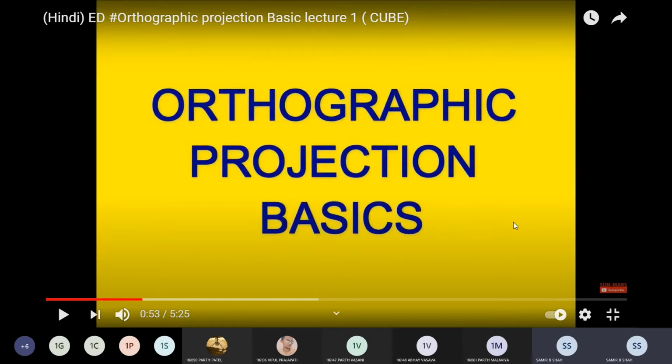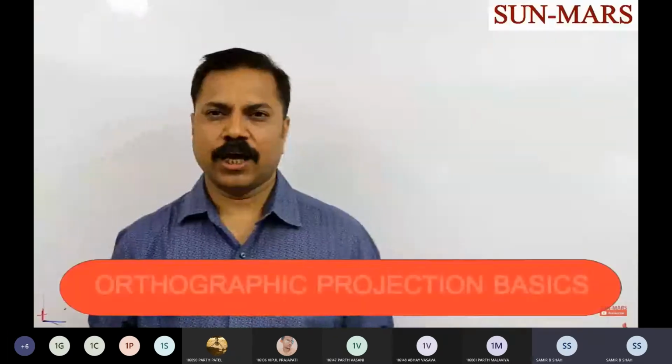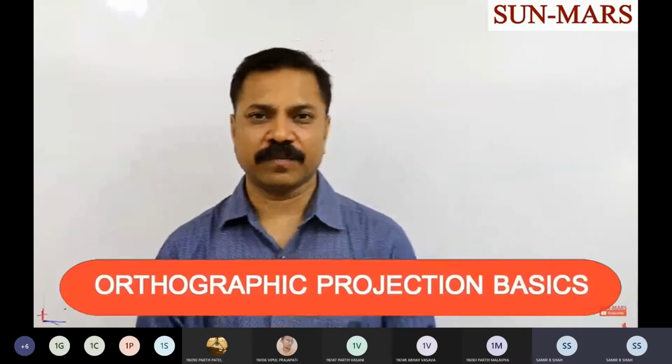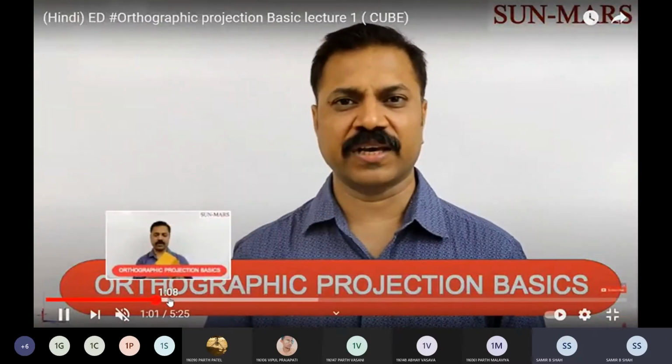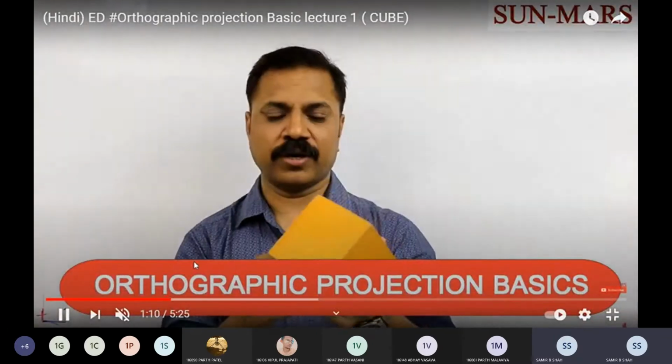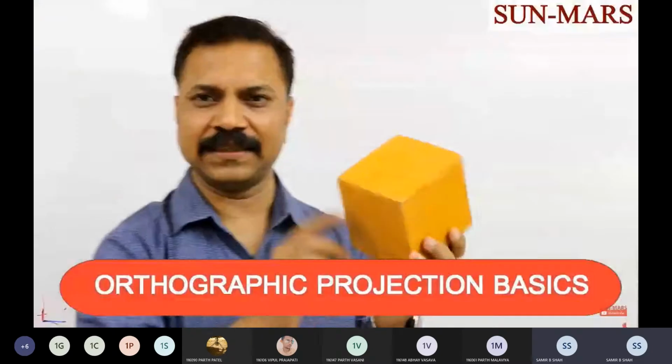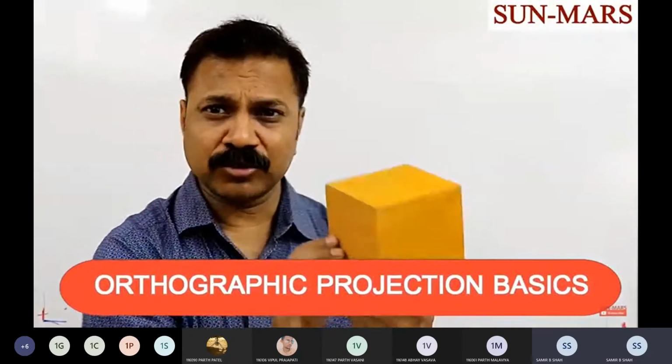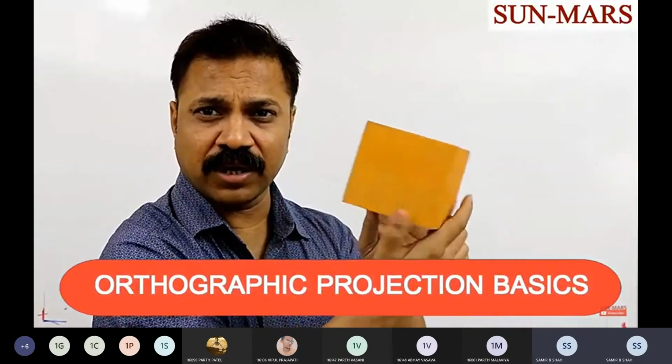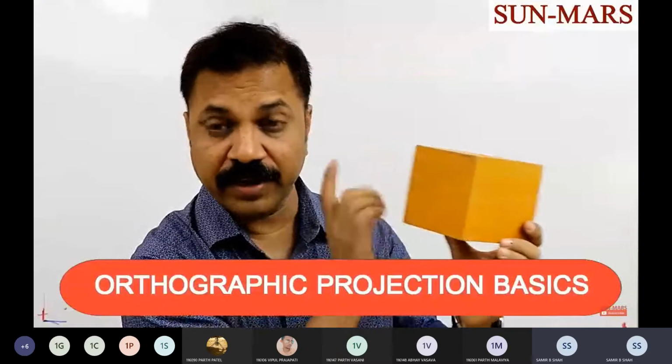Now I will start the basics about orthographic projection. There is one cube shown in the diagram. This is right now the 3D figure.